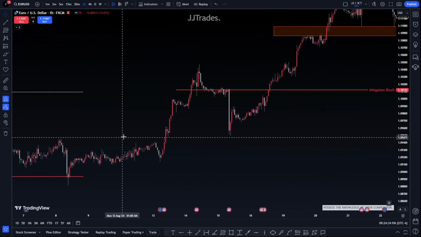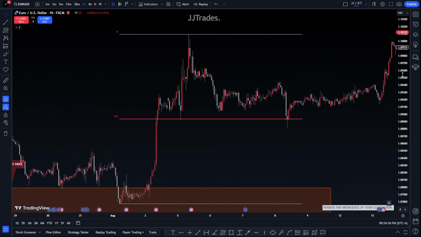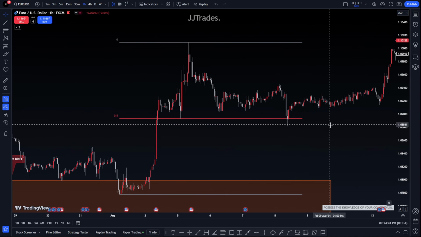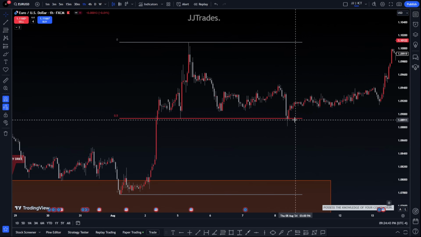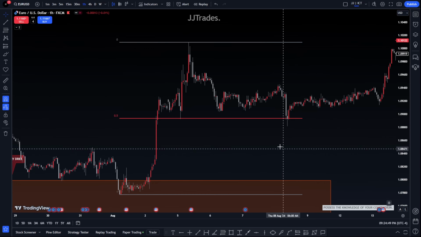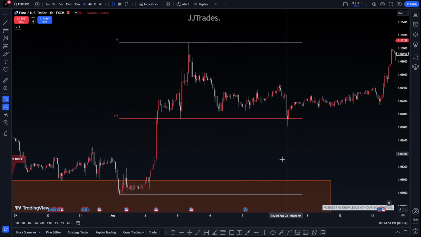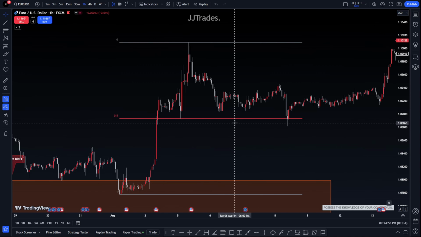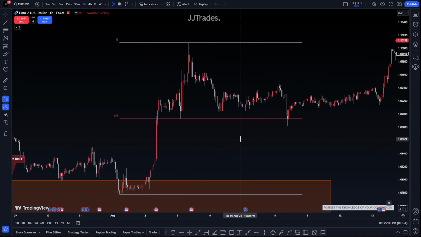So you can use the equilibrium as an expectation for price to go higher if it respects it, because if it respects it, that's an indication that it wants to go higher. Or if it comes below it, you can see it dig into a discount, into some sort of confluence. And remember, you'll learn about the confluences later. I'm just showing you the blueprint of what you can do when you do learn those confluences.